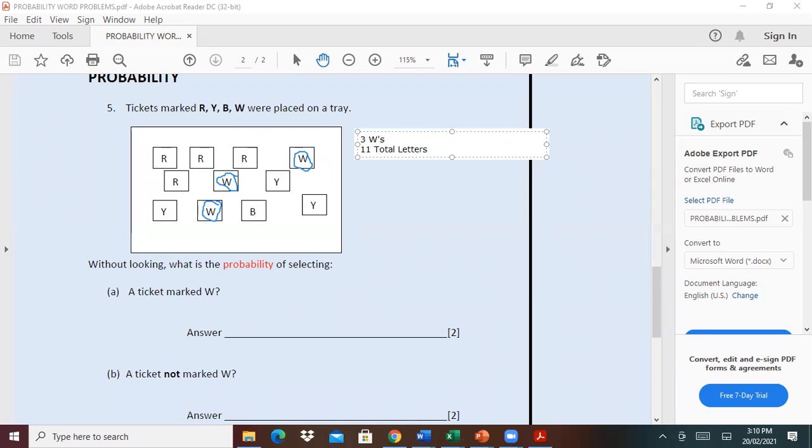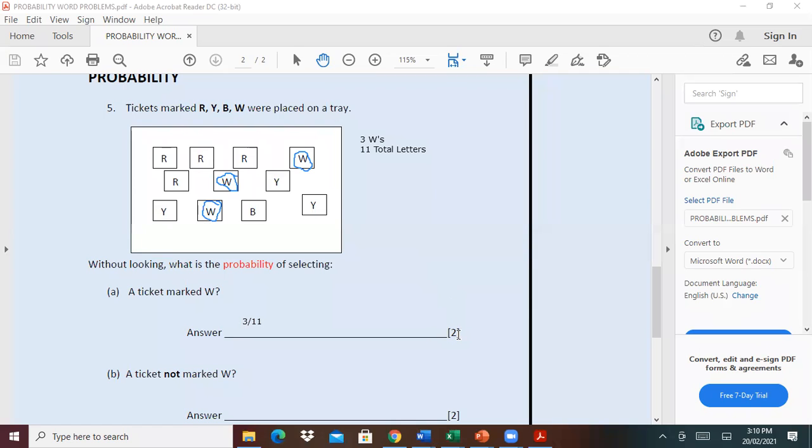Okay, so now we can identify the probability of selecting W's, and that probability is 3 out of a total possible 11 choices. Now, we notice that this question is worth 2 points, right?